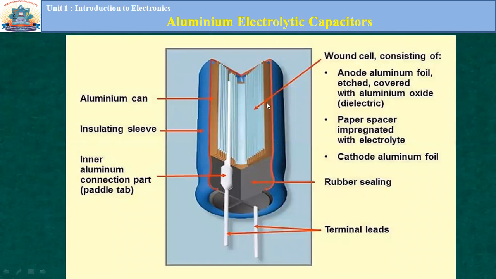So this is the structure of a particular electrolytic capacitor. We see there are various cells, or plates, cylindrically arranged, and within these plates there is again a dielectric. Here is the complete structure, fitted tight with rubber sealing, and end terminals are taken out.